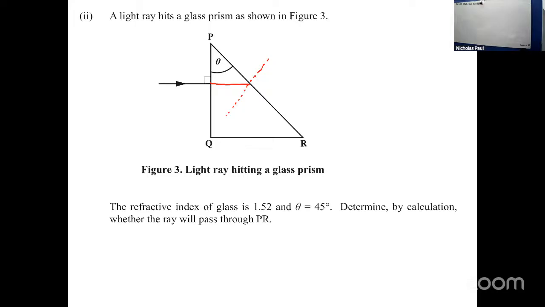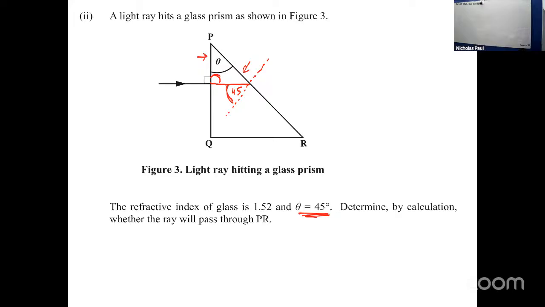Daniel, what's the angle there? Right, 45. Here is 90. They told us theta is 45. So here is 45, here is 45, and here is also 45.